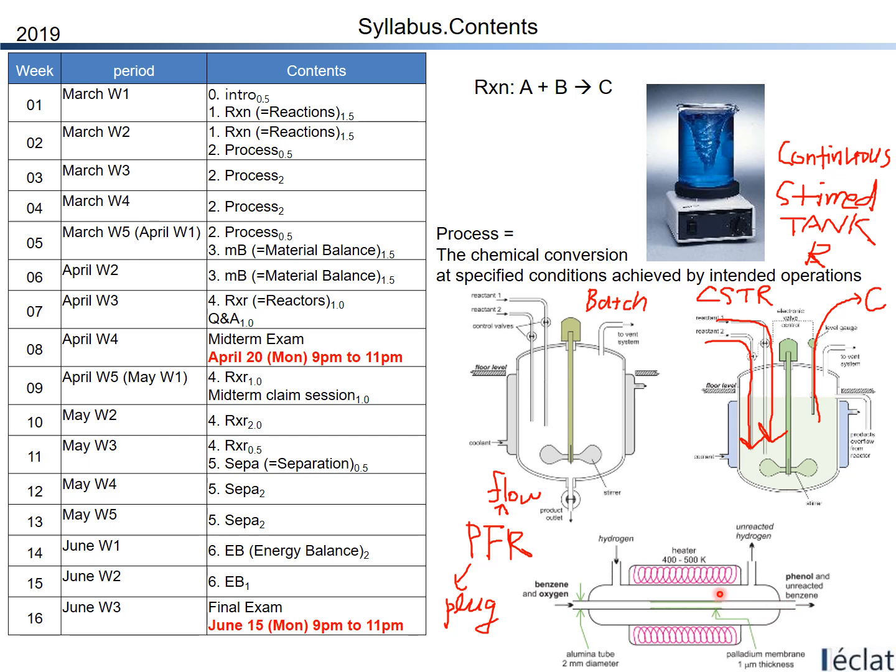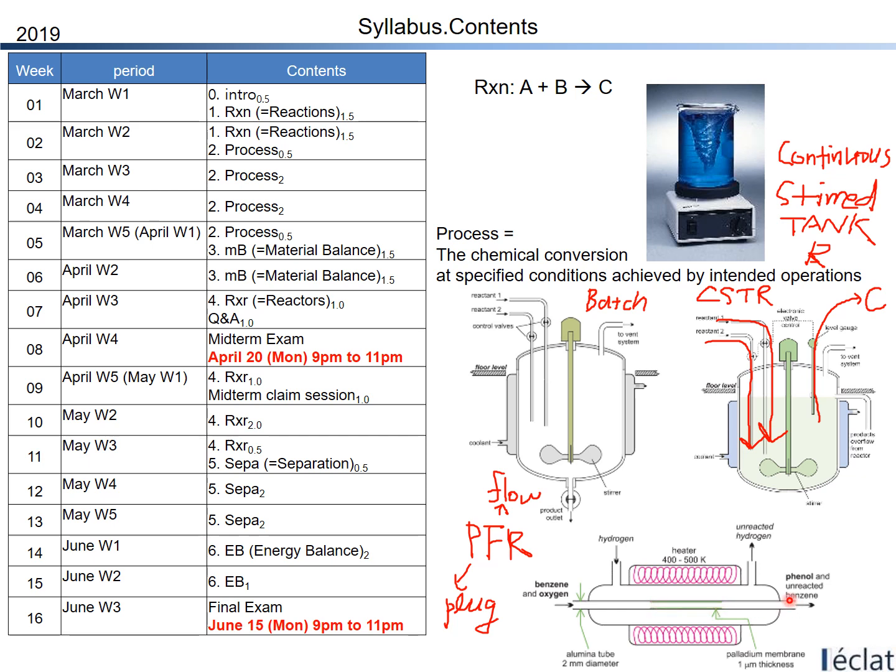So you can hold some temperature like 400K, 500K or something like that. And then the reactants are introduced into the inlet of the pipe.